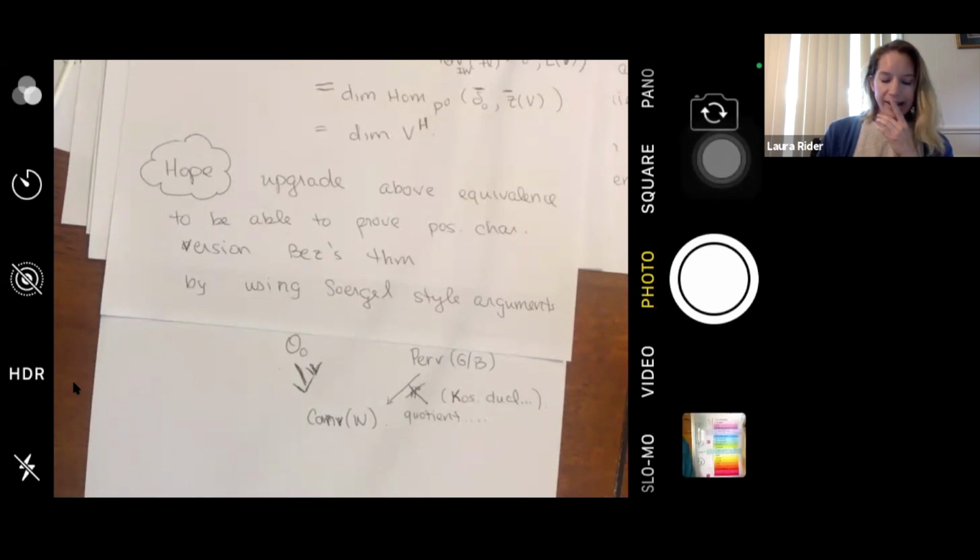So I think it follows pretty quickly from having that equivalence between the anti-spherical module in terms of the affine flag variety and the version in terms of coherent sheaves on the Steinberg variety.